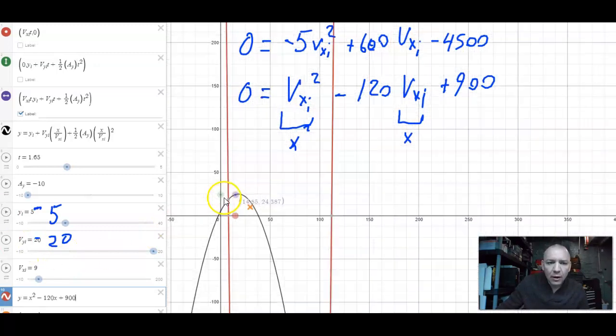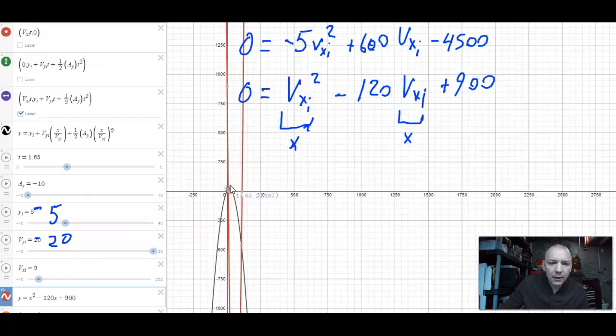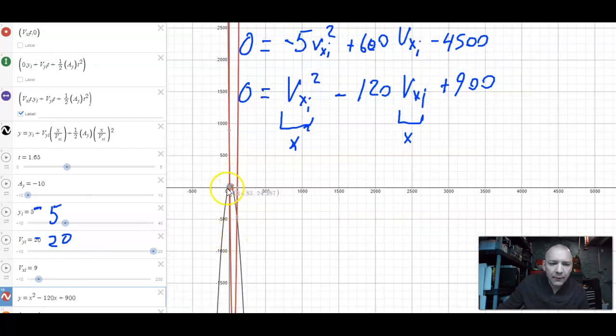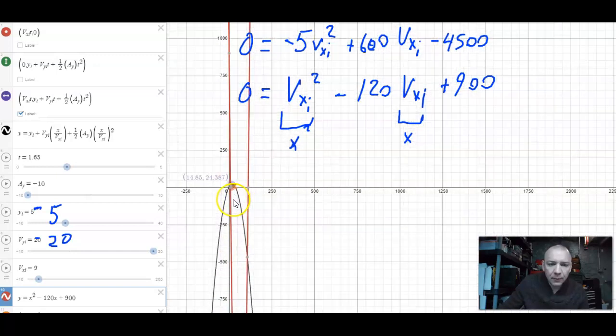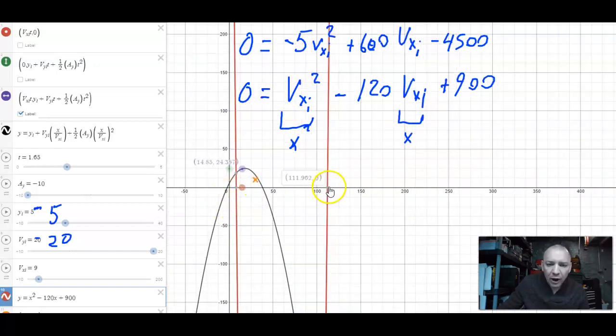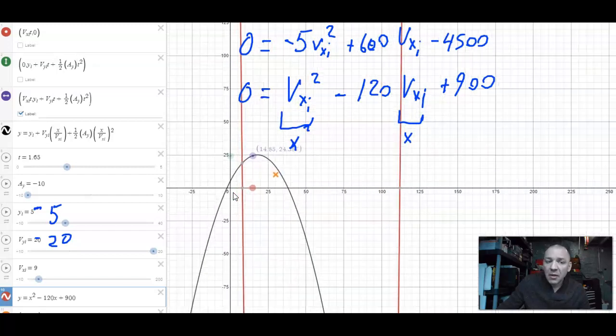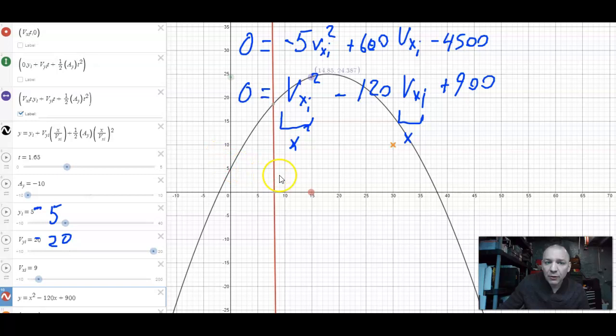I'll zoom way out. Whoa, so there's my big, tall quadratic. It goes up really high. So there's the bottom down here. So it does have 2 solutions. And I can look at what those 2 solutions are. 111.962, right? That's around 110. And then our other one here was 8.038. So we sit around 8. So that works pretty well. I can put those values in.